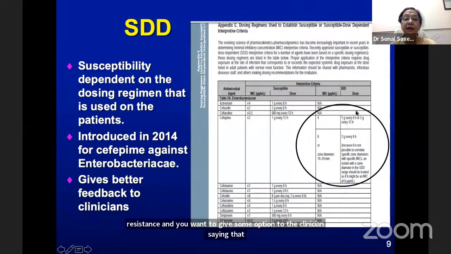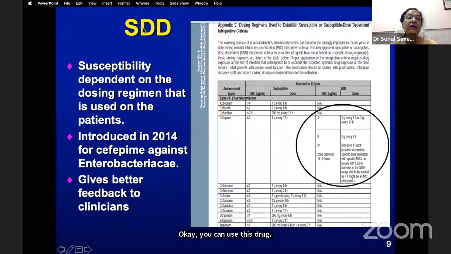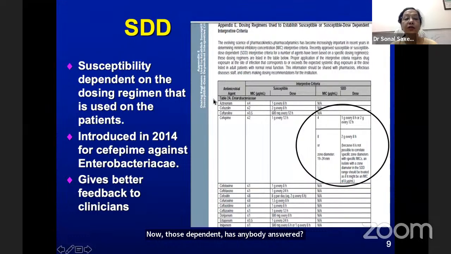Now, dose dependent, has anybody answered as to what we get when it is? No, it's not piptaz. It is actually cefepime, against which the first dose dependent susceptibility parameters were given.